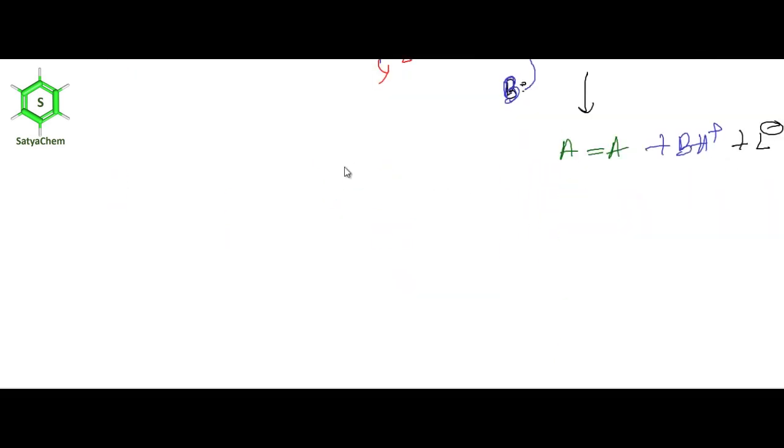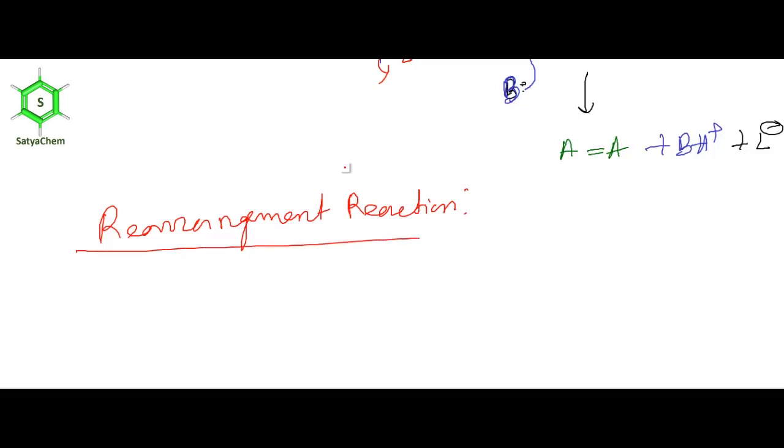Next, I am going to discuss rearrangement reaction. First I am drawing the skeleton scheme of a rearrangement reaction. Suppose it is AB, and this is another bond, AW.